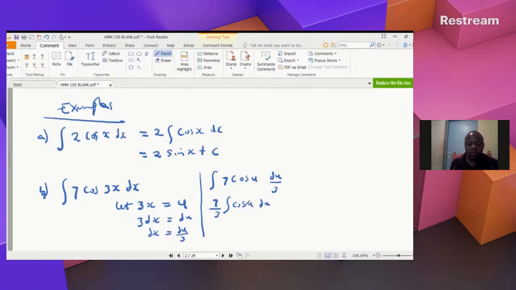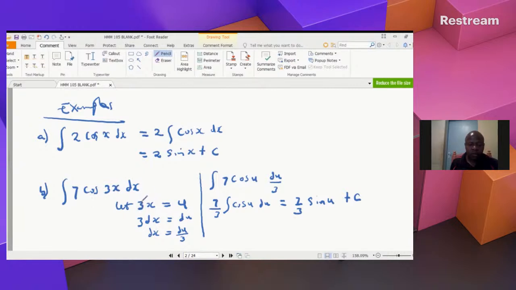Of course, this one we can do. We are familiar with this from our formulas, that this is 7 out of 3 sine of u plus constant of integration. But we did not have u in our question, so we must substitute it.